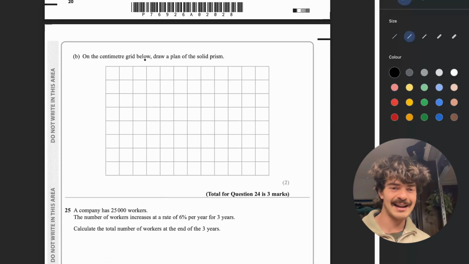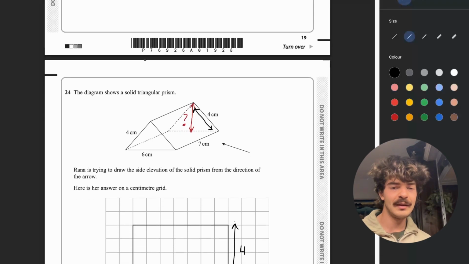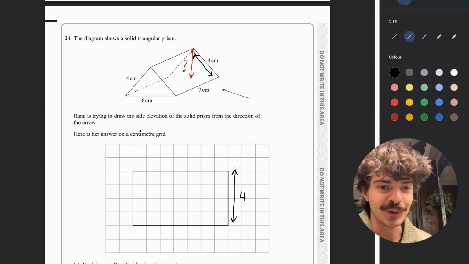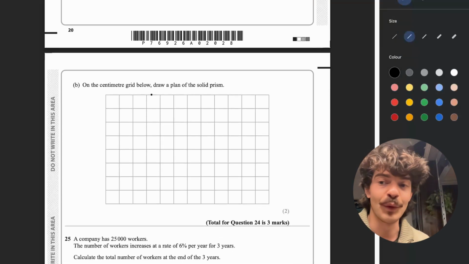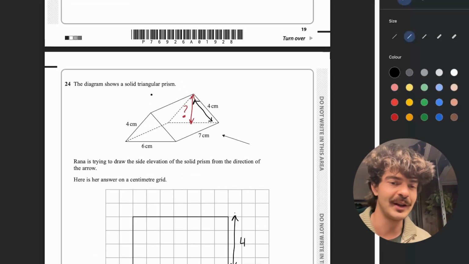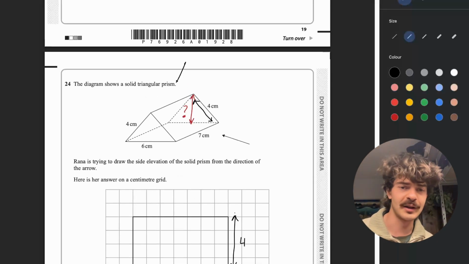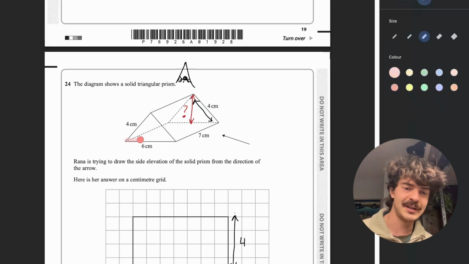Yes. Draw a plan. Cool. So we've actually been asked to draw the plan for this. Remember that a plan is the word for the top-down view. So imagine that we were up here looking at our thing, and here we are, looking down, and we're trying to figure out how big it's going to be. Well, all we're going to see is this base. We're going to just see this shape down the bottom, the 6 by 7.